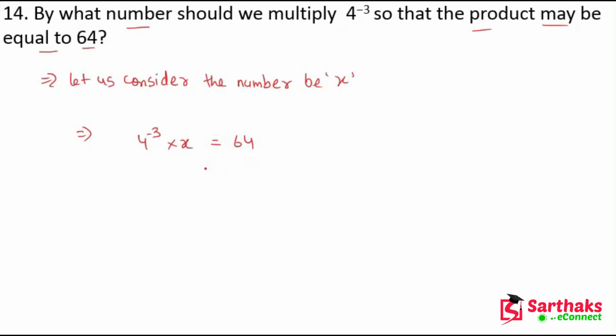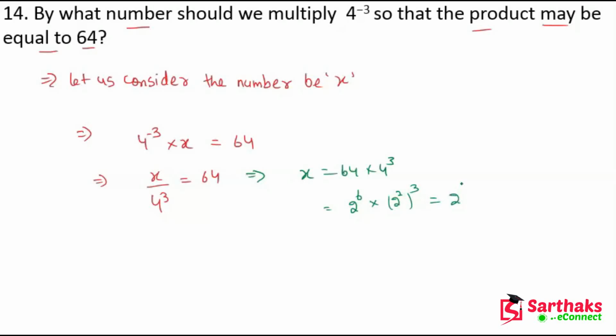Understand, my dear friends. So here you can see that we can write x upon 4 raised to power 3 is equal to 64. So this will become x is equal to 64 into 4 raised to power 3. Now we can write 64 as 2 raised to power 6 into, we can write 4 as 2 raised to power 2 and it has whole raised to power 3.